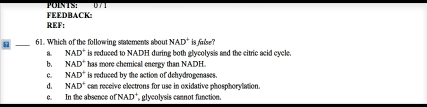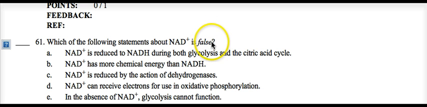Okay, so number 61. Which of the following statements about NAD plus is false? I want you to know that while I was looking through to see what question I wanted to look at next, I was really stuck on this question and couldn't figure out why the answer they had was the right answer. I was just going to skip it, and then I realized it was me not reading false.